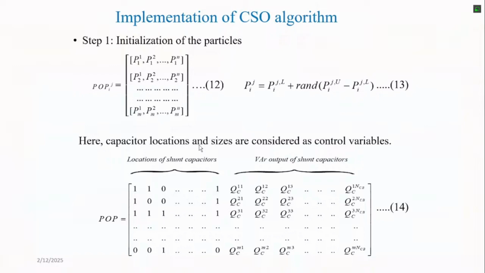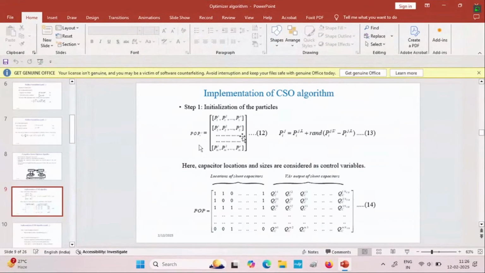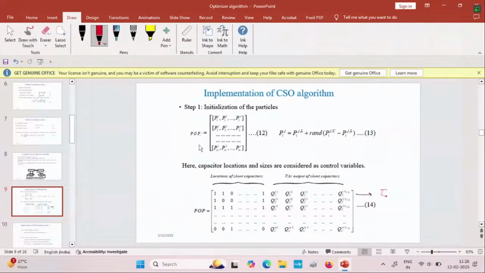If I write it over there, based on this value we will get a certain fitness function, maybe f of 1 for this, f of 2, f of 3 up to f of m.